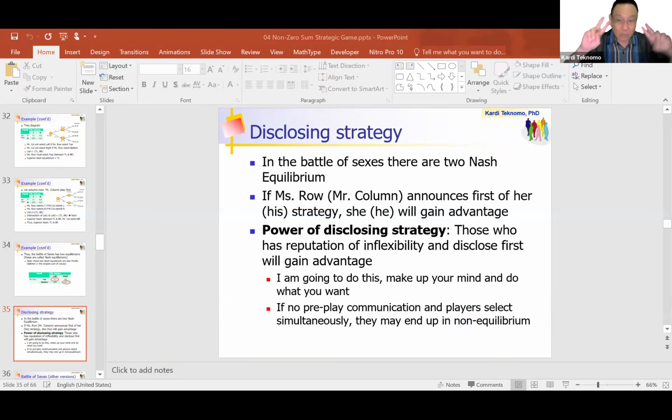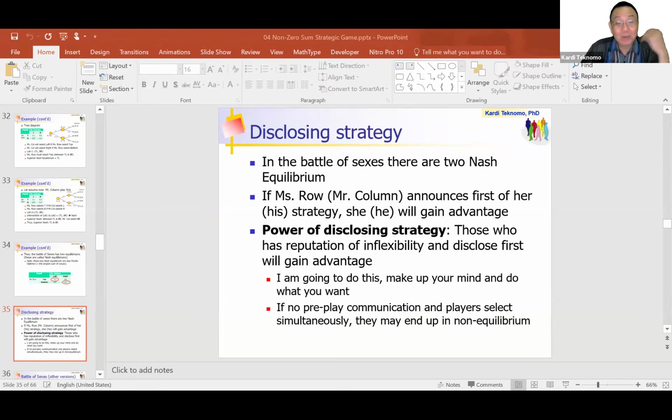When you have more than one NAS equilibrium, then probably you test first. What will happen if actually you announce first? So, those who have a reputation of inflexibility and disclose first will actually gain the advantage.